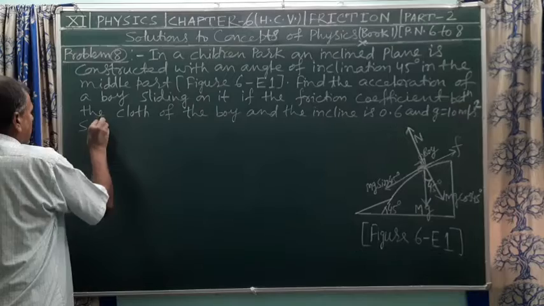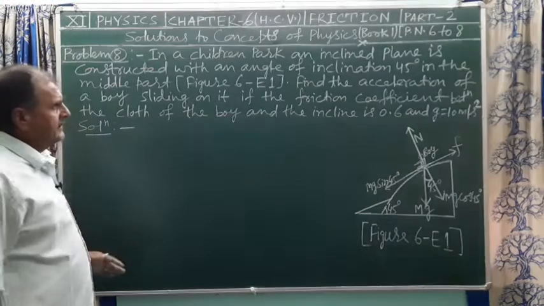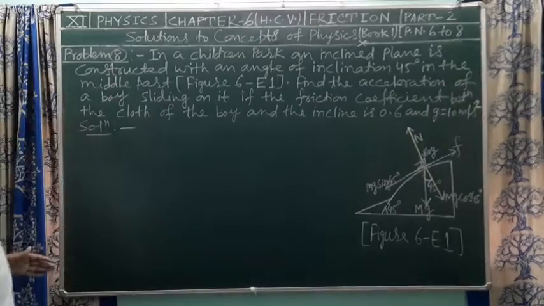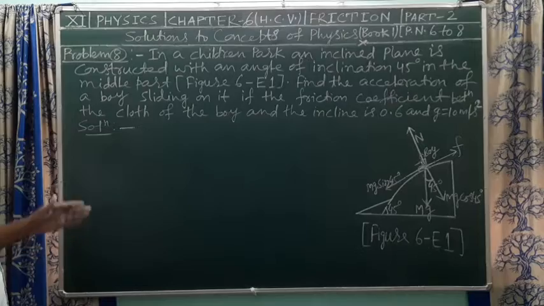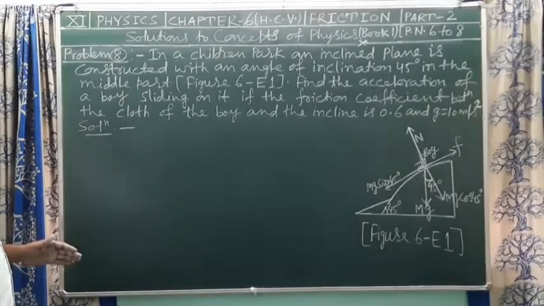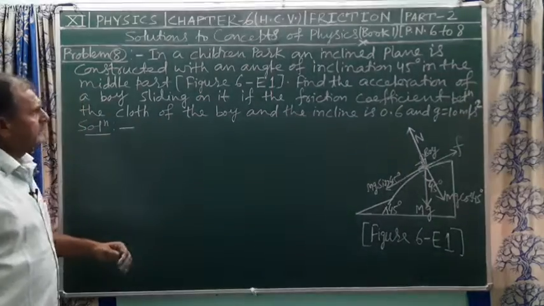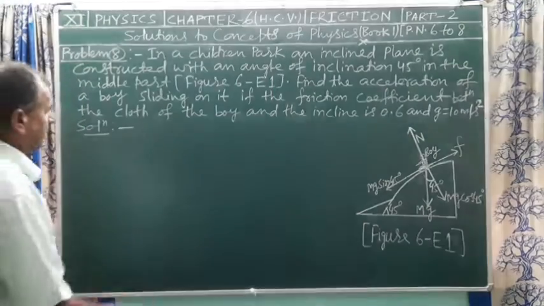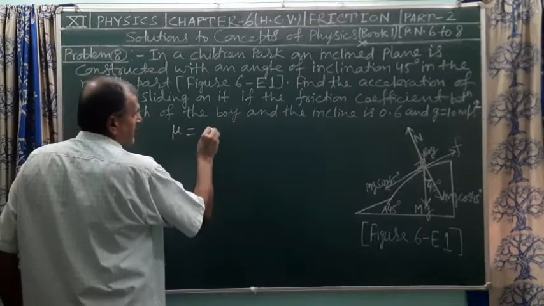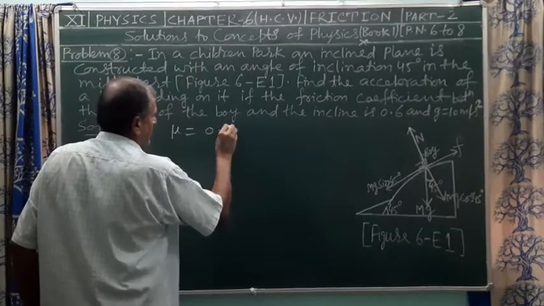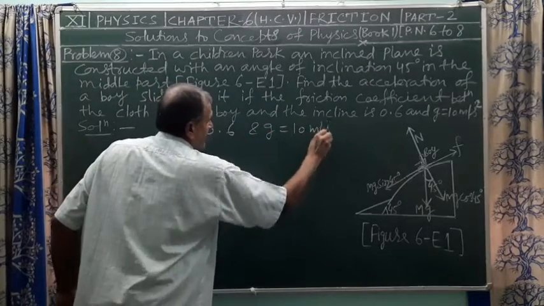So let a be the downward acceleration of the boy which is sliding on the rough inclined plane constructed in the park. So mu is given according to the problem. Mu is equal to 0.6 and g is equal to 10 meter per second square.